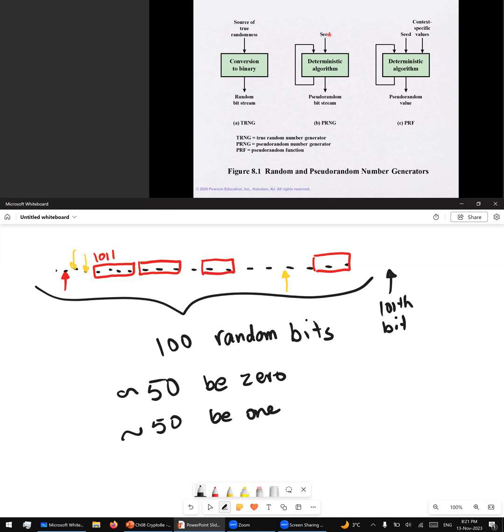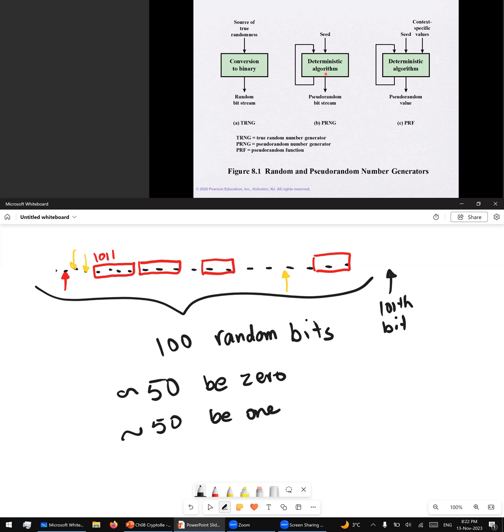The seed is fed into a deterministic algorithm. We call it deterministic because if you give it the same input, it'll give you the same output. If the sender gives it a certain seed and gets an output, and the receiver gives it that same seed, the receiver will get the same output that you as the sender got.